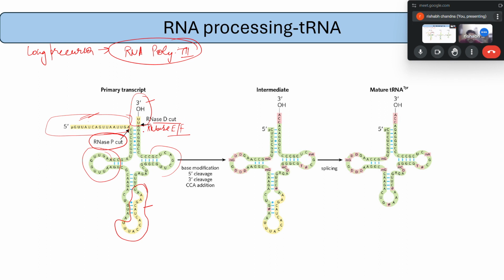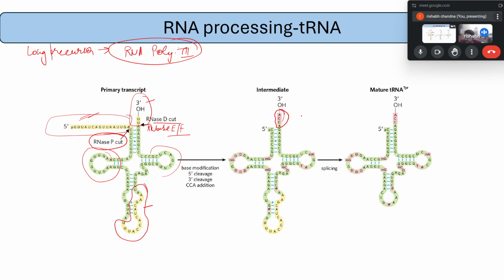This is the 3 prime cleavage. Then we have the CCA addition. So first this cleavage happens, then simultaneously after this cleavage, we add these particular nucleotides.